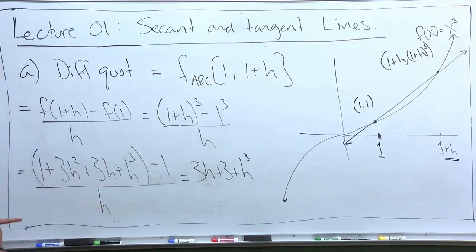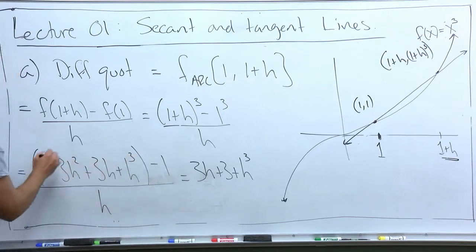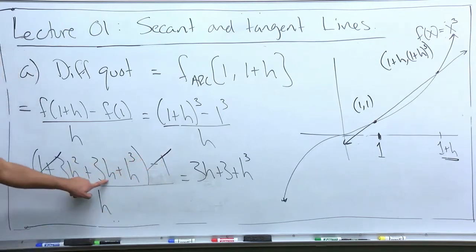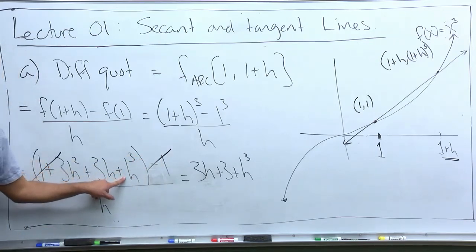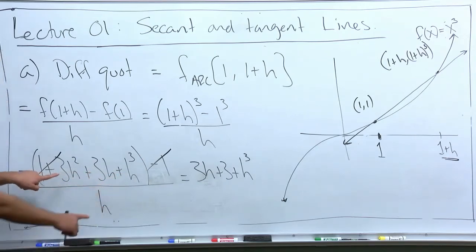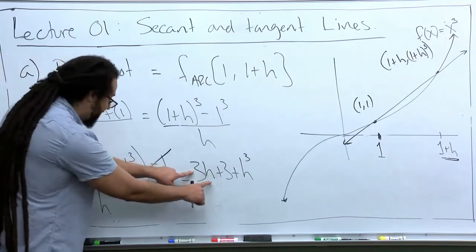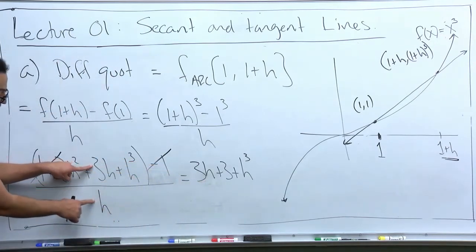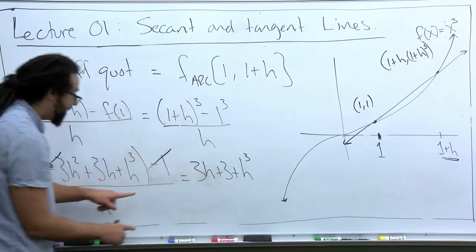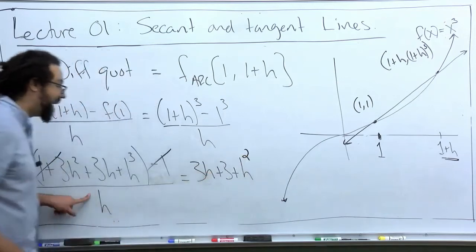The 1's will cancel, and each one of the 3 remaining terms has an h in it, so I can factor an h out and cancel the h's. Instead of 3h squared over h, I just get 3h. Instead of 3h over h, I just get 3. And instead of h cubed over h, I just get h squared.